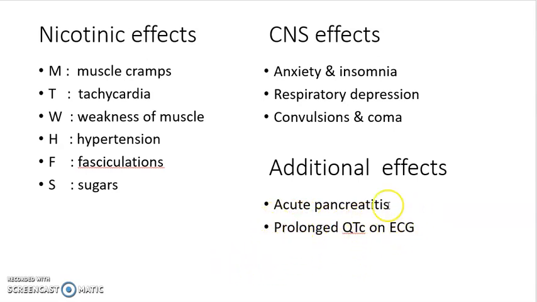So for the ECG you have the PQRST, and when you look at an electrocardiogram, one of the things that we always look at when we assess a drug, during the clinical trial, is the QTc. We see whether there is an increase in the QTc reading. So this is just an additional effect of excessive acetylcholine.